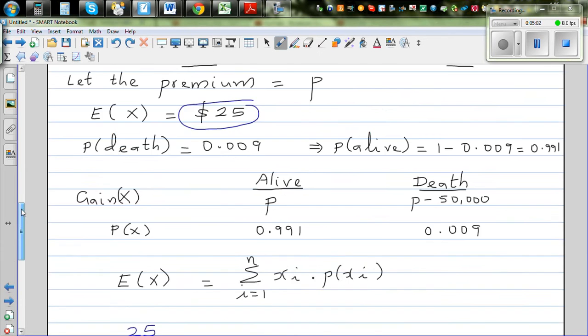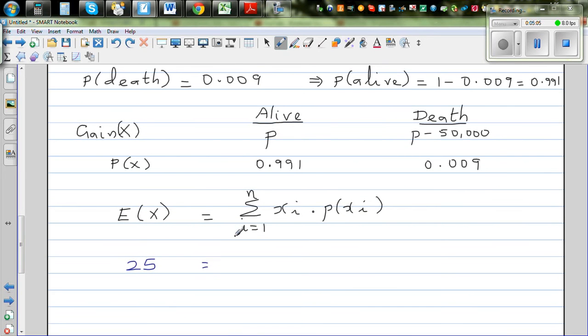So 25 is equal to P times 0.991, where this is your xi, the random variable, and this is your P of xi, the probability of that random variable. Plus, because it's a sum, 0.009 times the respective random variable, so I'm writing it the other way around: P minus 50,000.